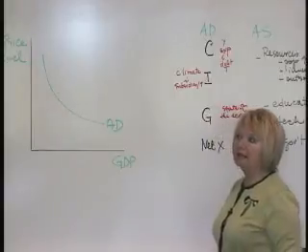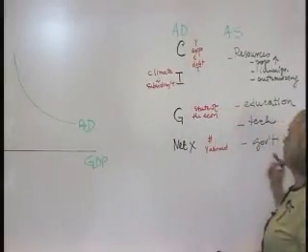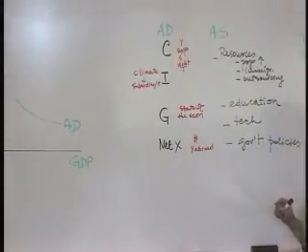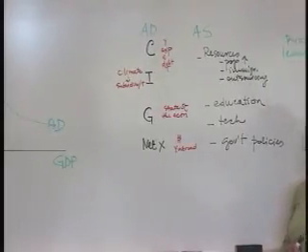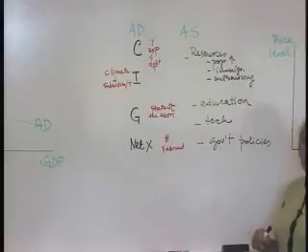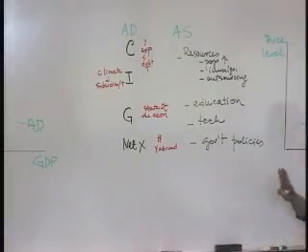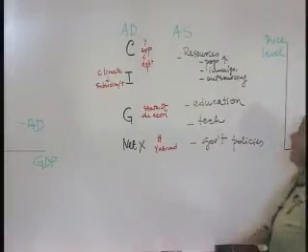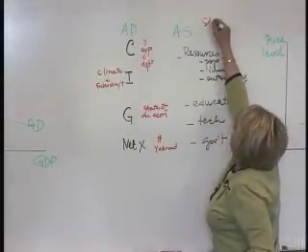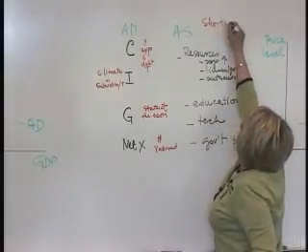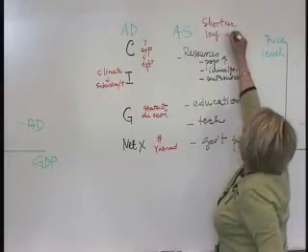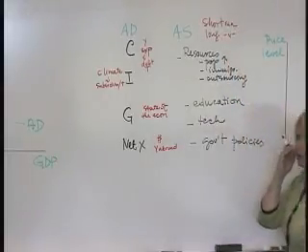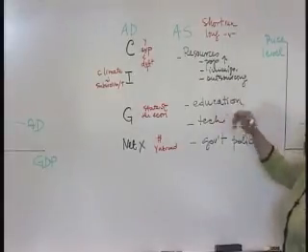So now let's look at our aggregate supply. And aggregate supply will represent everything that we have produced. And we are going to distinguish between aggregate supply in the short run and aggregate supply in the long run. In the short run, your aggregate supply curve is going to be upward sloping.